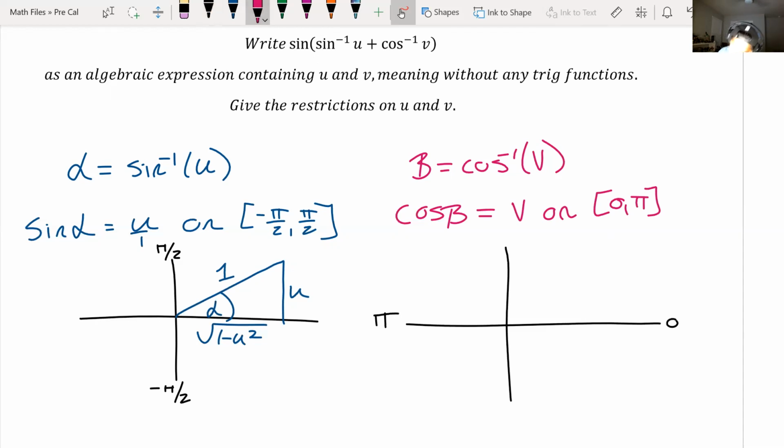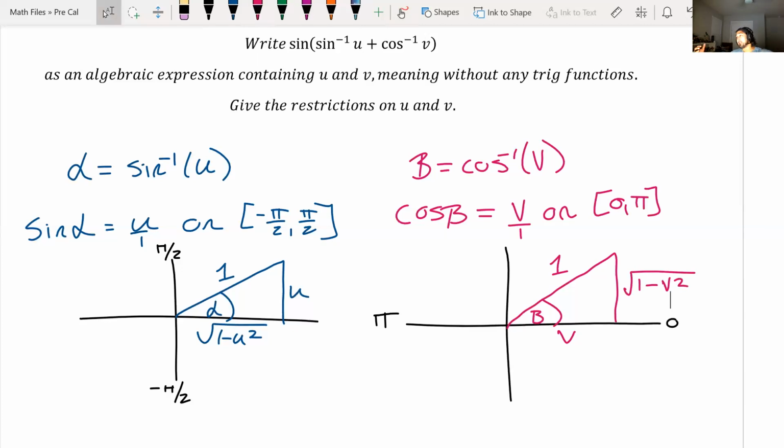There's pi. We're definitely in quadrant 1 because v is positive. Here is beta. And put v over 1. This means that the base is v. Hypotenuse is 1. And what would the height be? Radical 1 minus v squared. There you go.